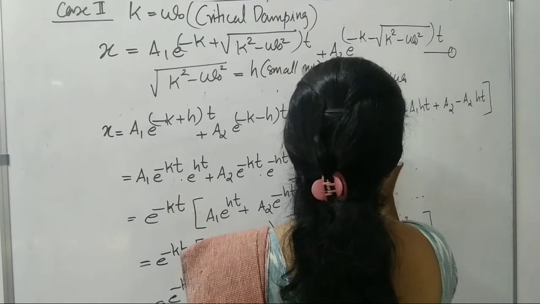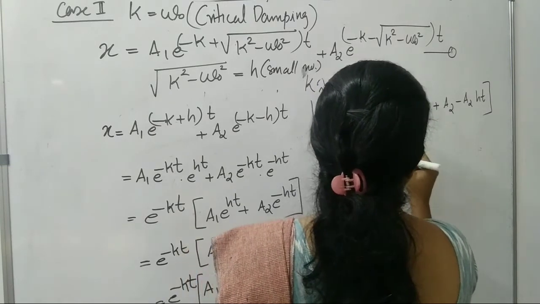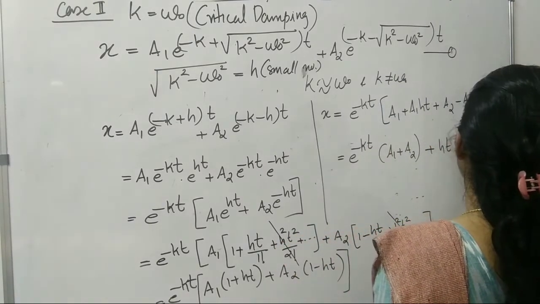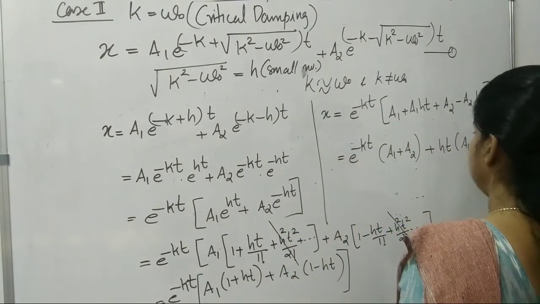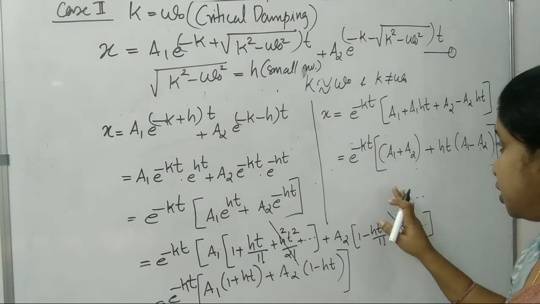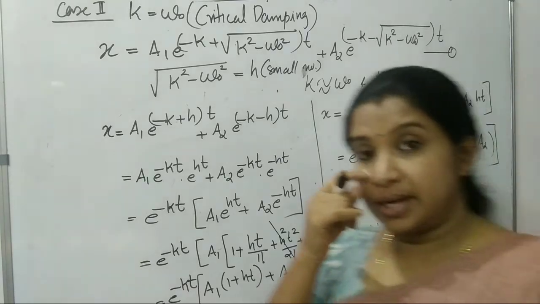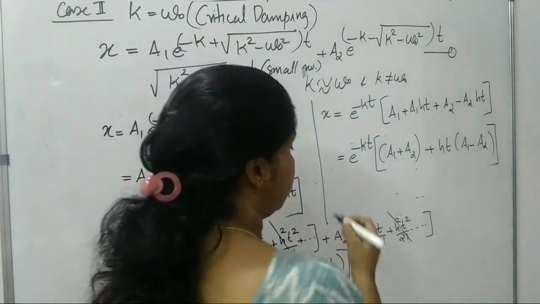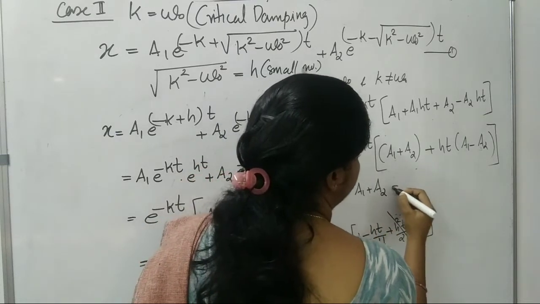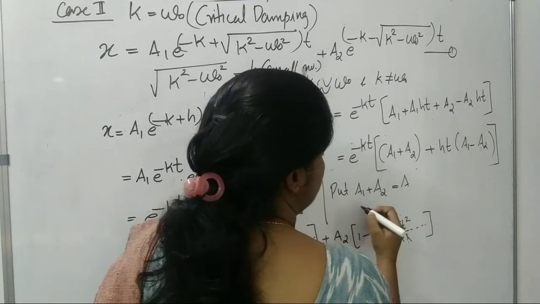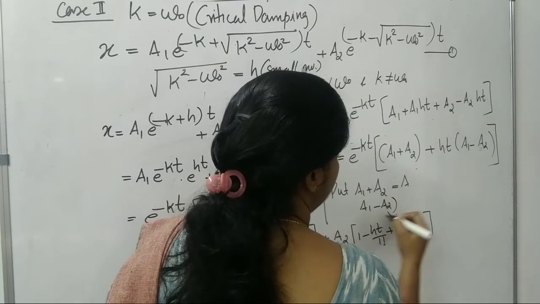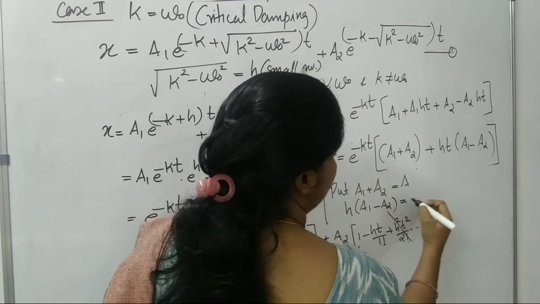So we get e raised to minus kt into a1 plus a2 plus ht into a1 minus a2. So we can substitute a1 plus a2. a1 and a2 are two constants. So we can put a1 plus a2 is equal to a, and a1 minus a2 into h is equal to b.